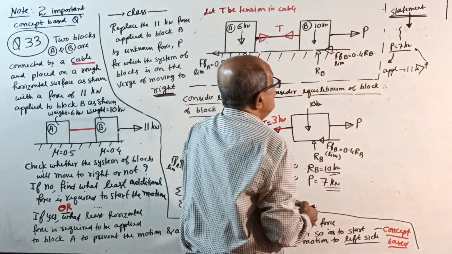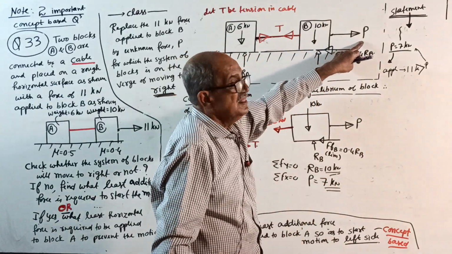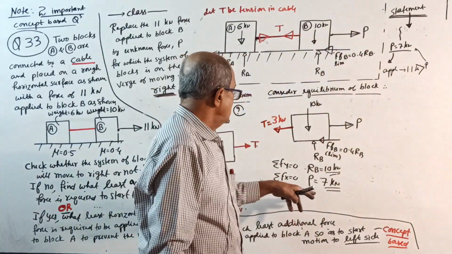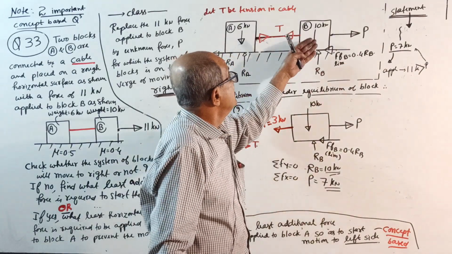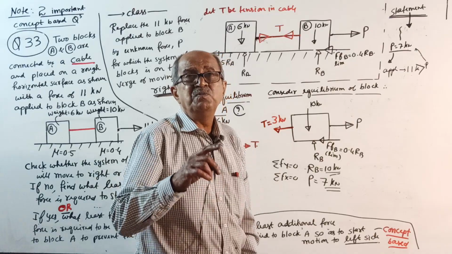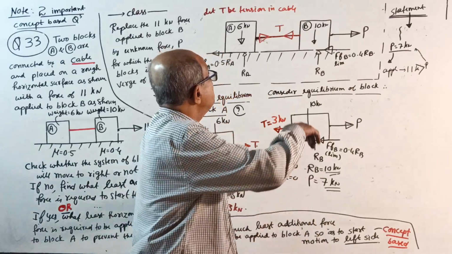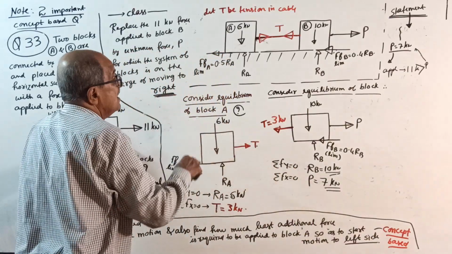Therefore, at the force of 7 kilonewton, the system is on the verge of moving to right side. But you are applying a force of 11 kilonewton, right?